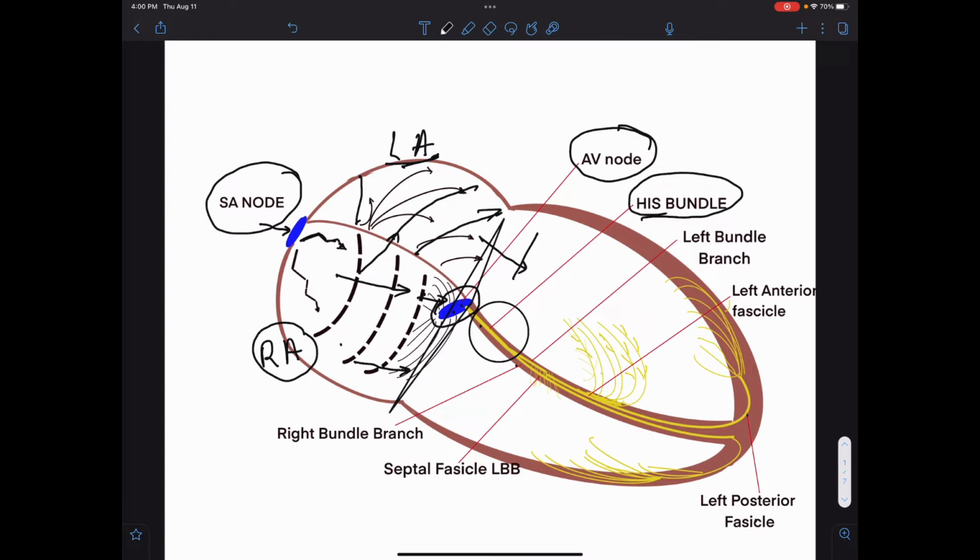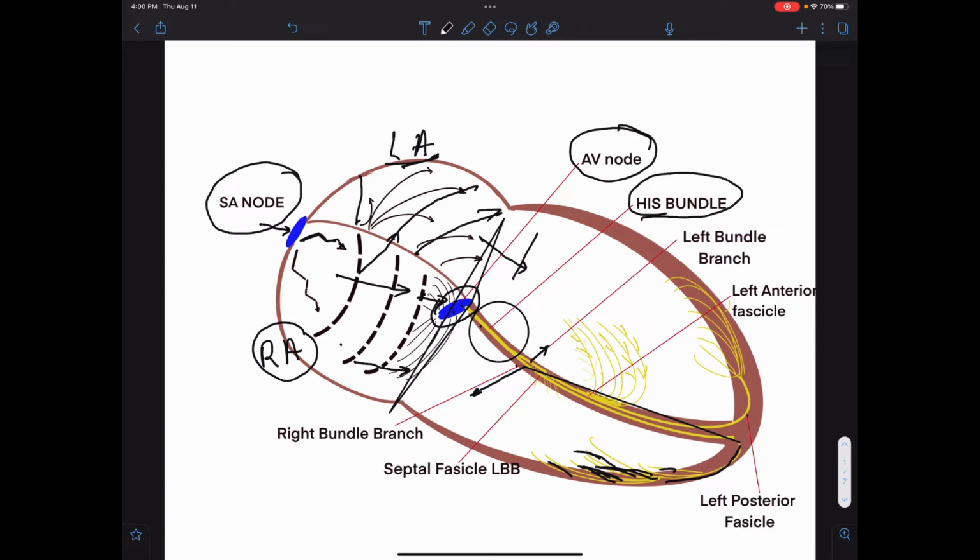The bundle of His divides into left bundle branch and the right bundle branch. The right bundle branch goes right up to the apex of the right ventricle and then spreads upward and divides into various Purkinje fibers, which are shown in the yellow color.